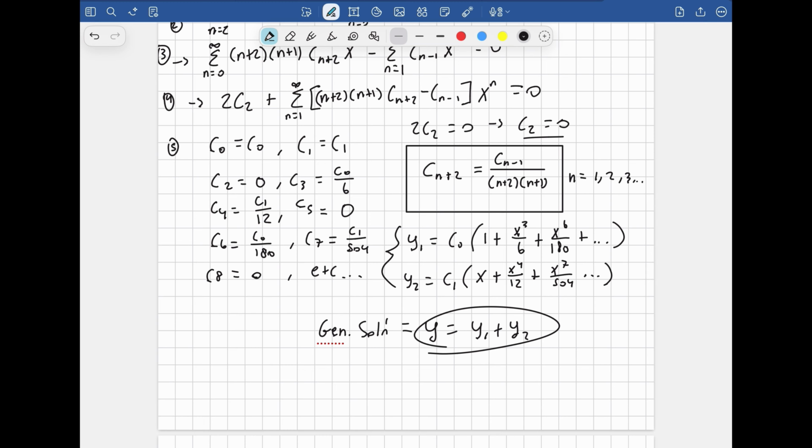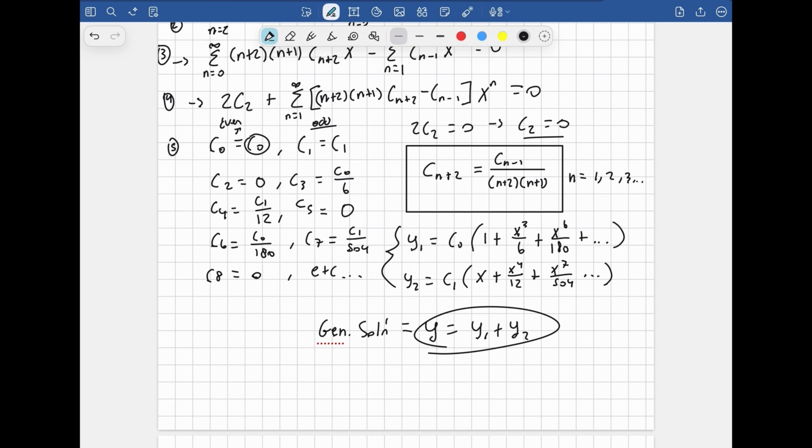If you're confused about where these numbers came from, what I did is I found all the c0 terms and pulled out c0. I like to look at this as our even series, and this is our odd series. If we pull out the c0 here, it becomes 1.